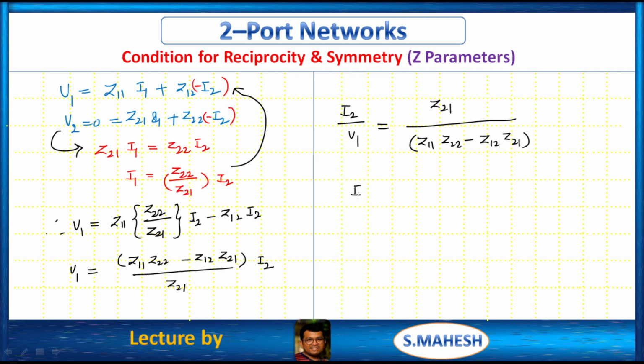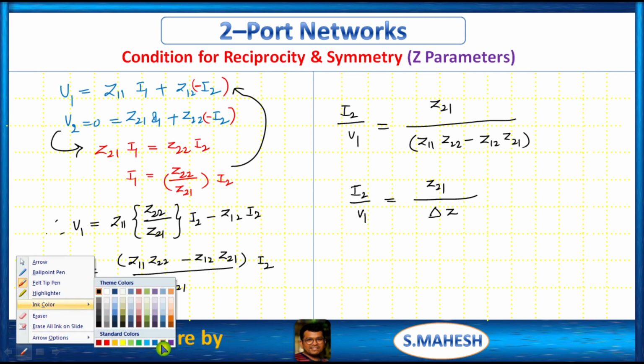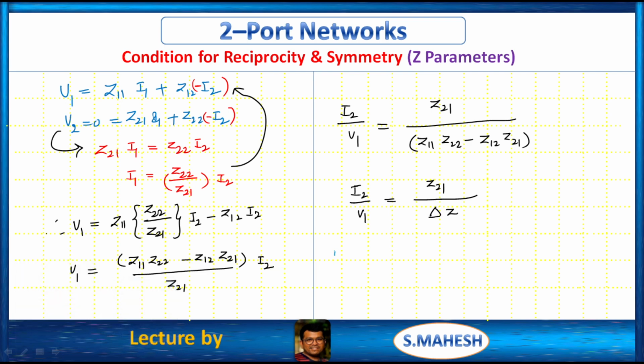We can say that Z21 by delta Z, where delta Z is nothing but Z11 Z22 minus Z12 Z21.